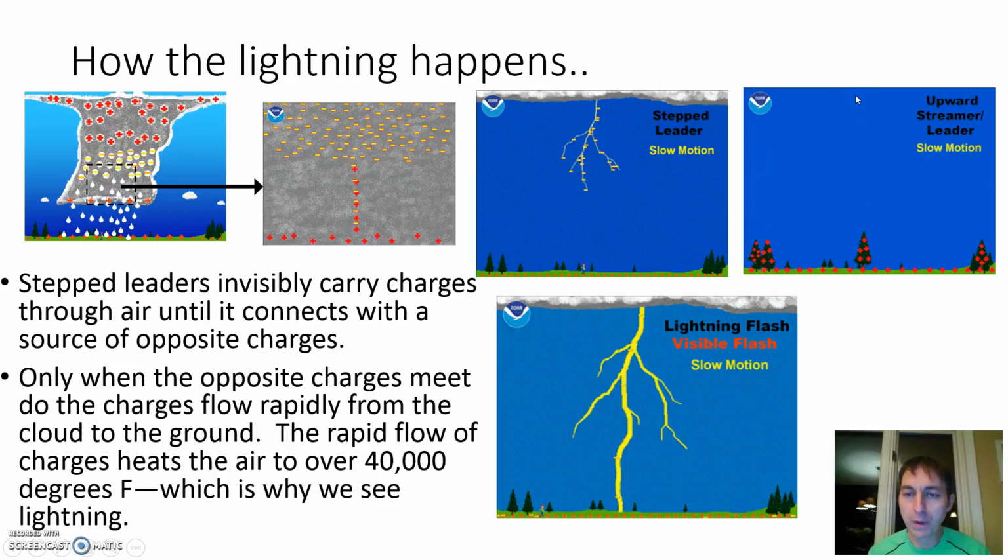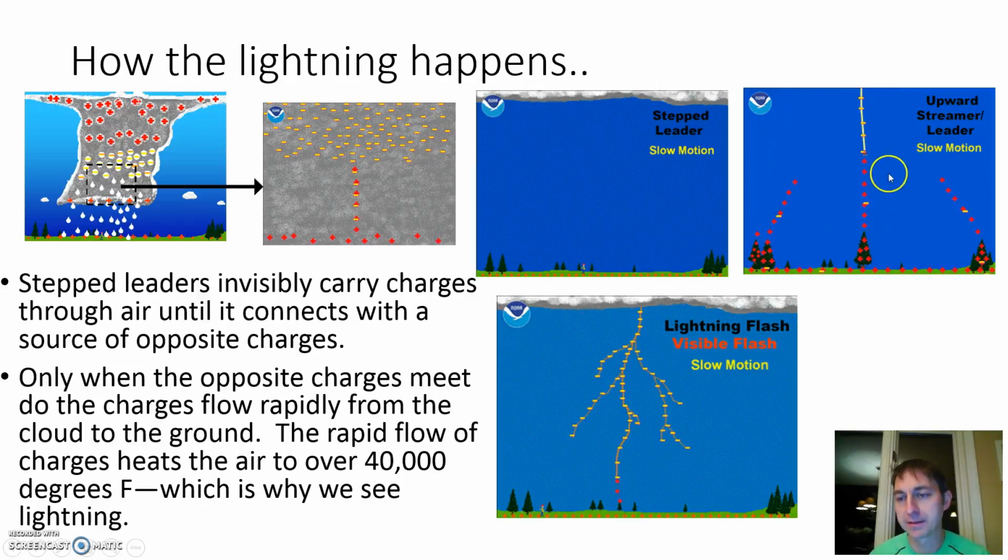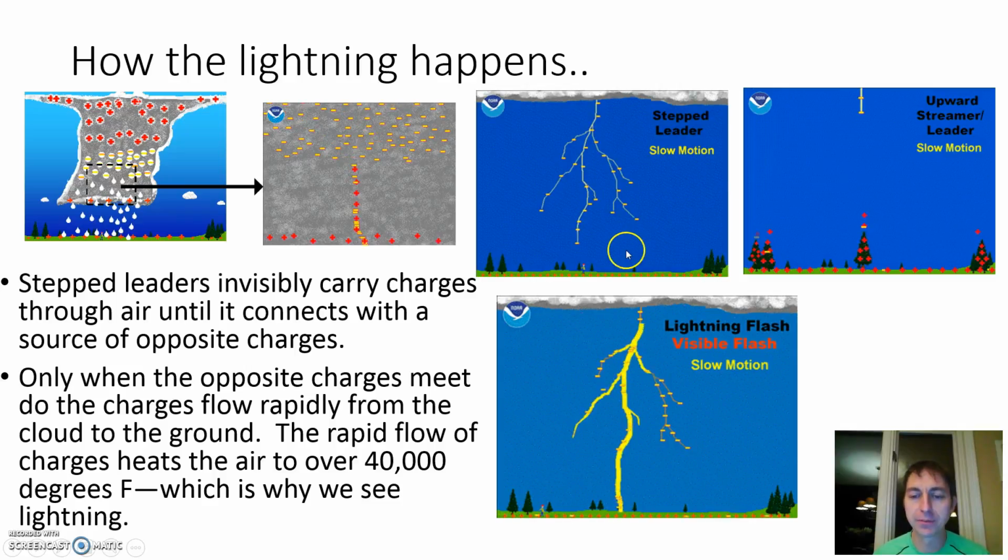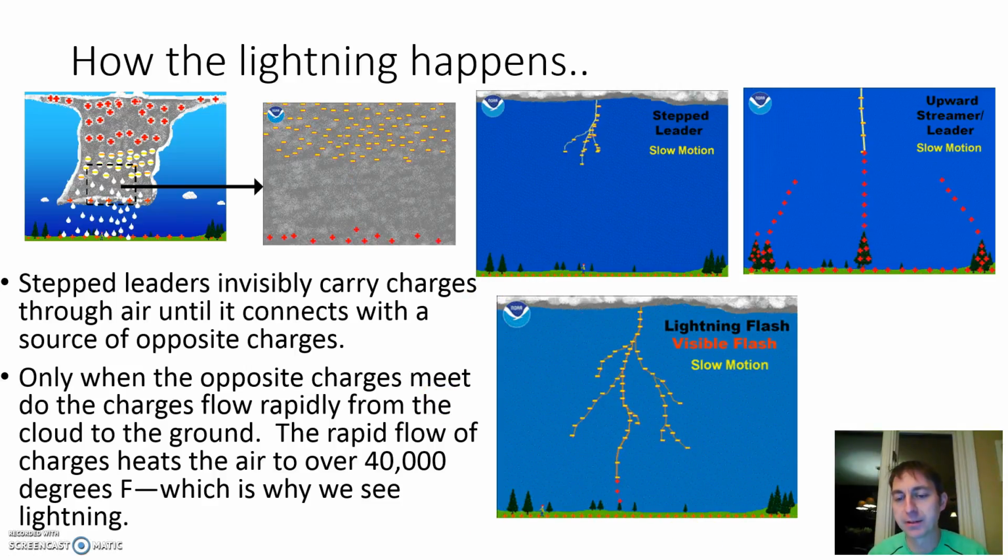Now, as it gets closer and closer to the ground, you can get an upward streamer meeting up with the stepped leader, and that connection, if that takes place, if you have the charges connecting, can then result in what we're seeing in this bottom picture, which is the visible flash of lightning.